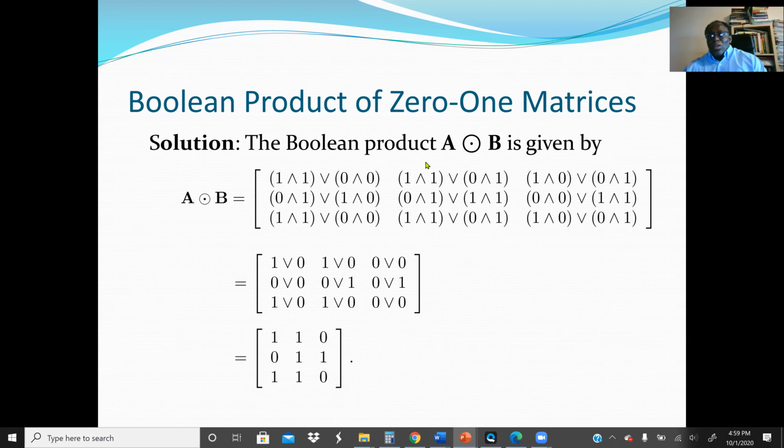Then 1 and 1 gives me 1, 0 and 1 gives me 0, but 1 or 0 will give me 1. Then 0 and 0 is 0, 0 and 0 again 0, and 0 or 0 will give me 0. So we finish the first row, then we do the same thing for the second row and third row.